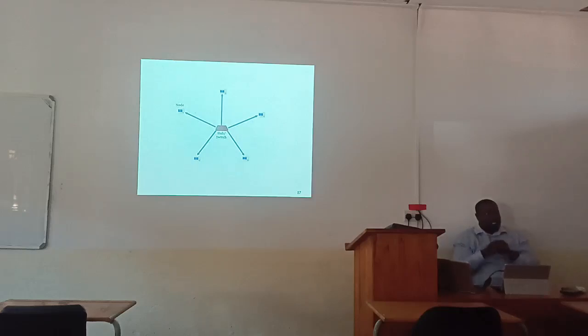You stack them and then you have to join the cables. And each of those cables, you have to put a label so that they are labeled. Otherwise, if there's a fault, it becomes difficult to tell which cable has the fault.